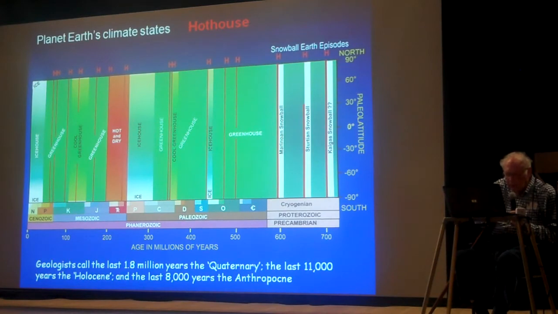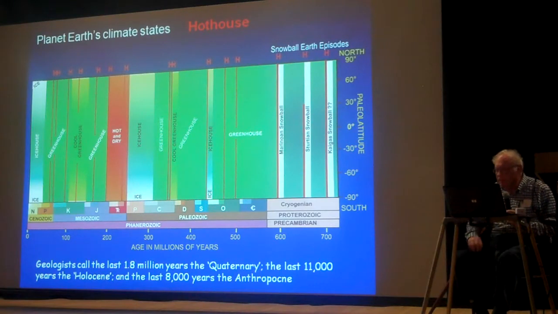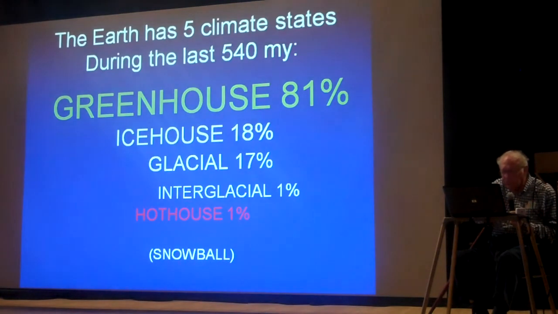Now, geologists call the last 1.8 million years the Quaternary, the last 11,000 years the Holocene, and the last 8,000 years the Anthropocene, because humans began to affect the climate 8,000 years ago, but what we would call civilization began 6,000 years ago.